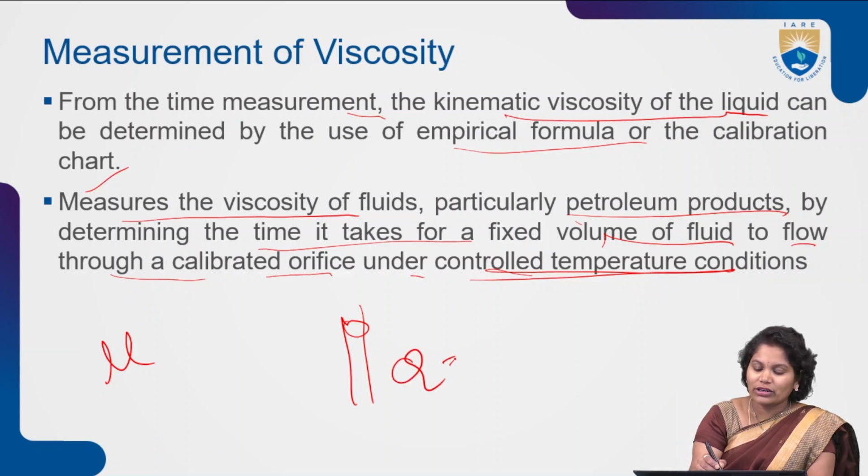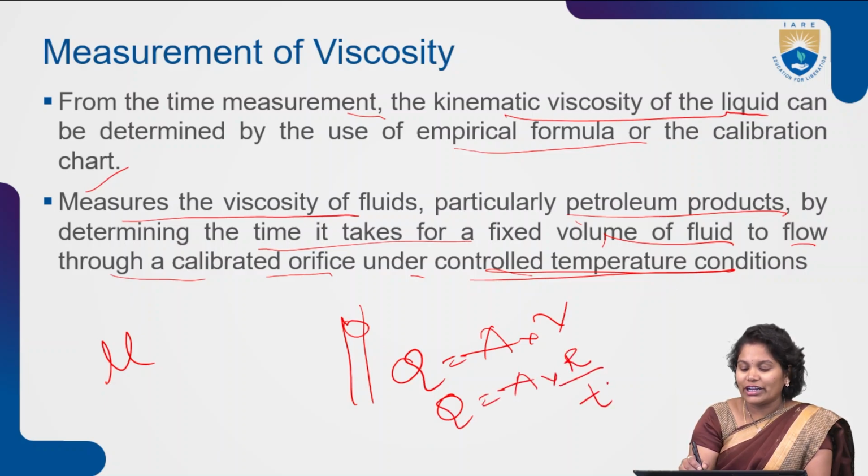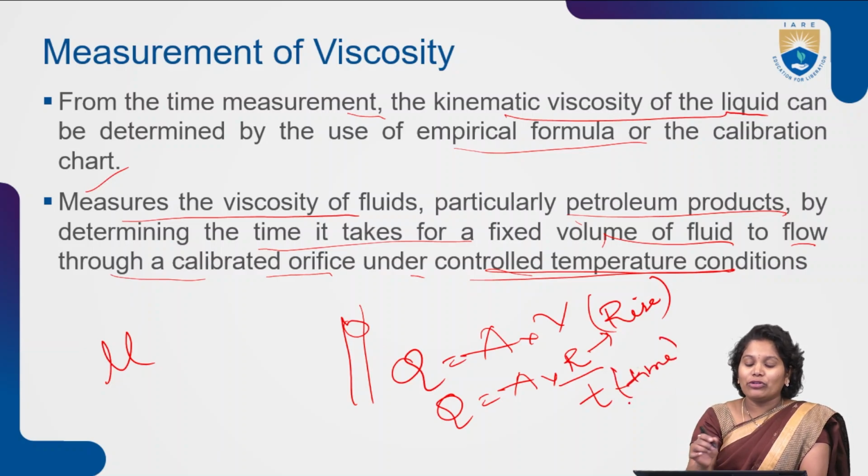So already we know that discharge is equal to area into velocity. Here discharge is equal to area into rise with respect to time, how much it is filling. R is the rise in the measuring tank, and T is the time it takes to come to a certain point.